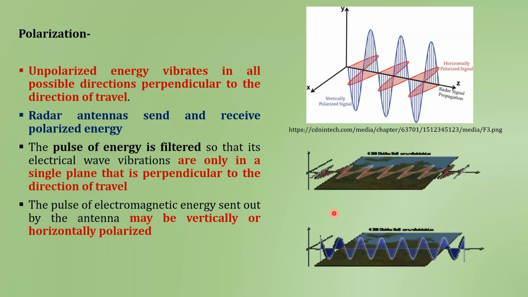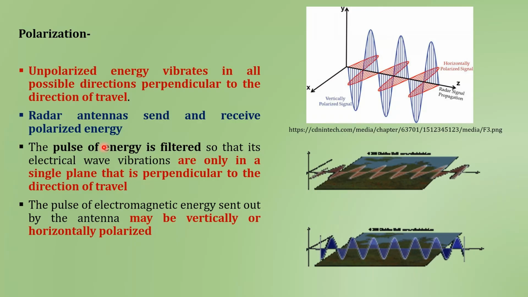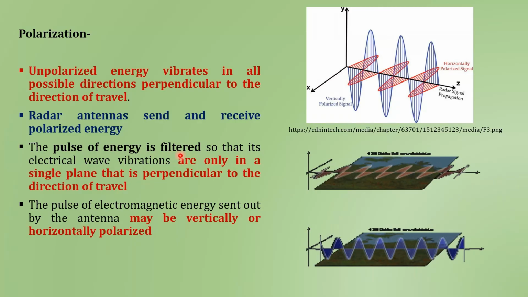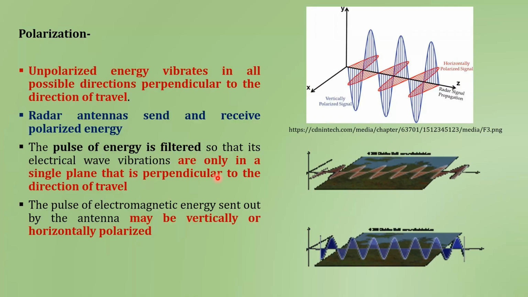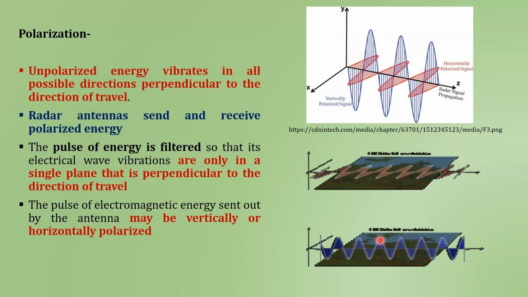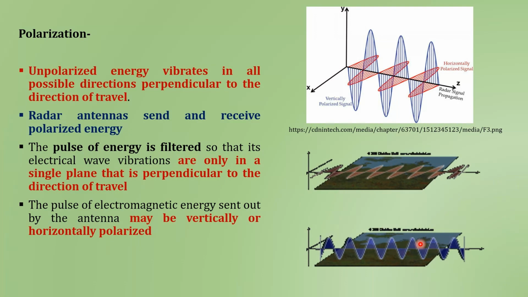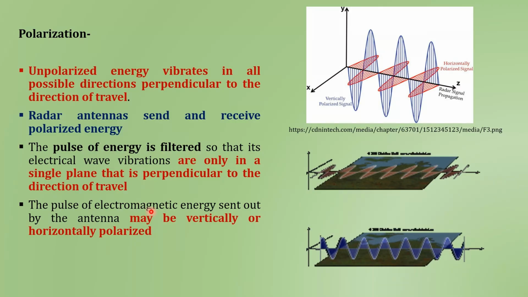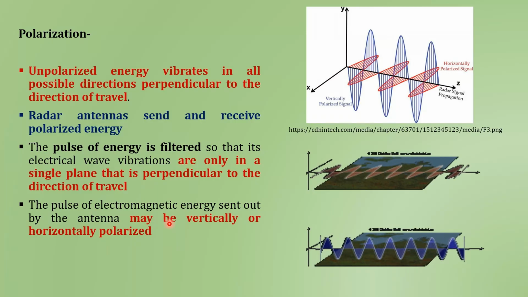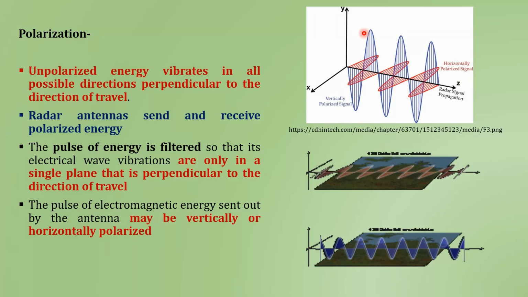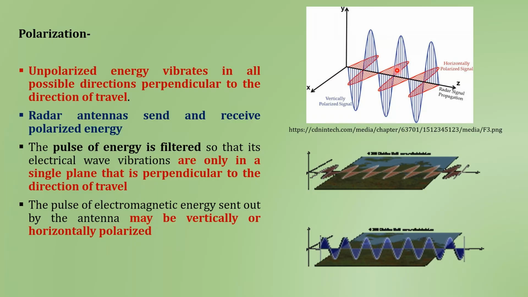In radio detection and ranging, the pulse of energy is filtered so that its electrical wave vibrations are only in a single plane that is perpendicular to the direction of travel, and the pulse of electromagnetic energy sent out by the antenna may be vertically or horizontally polarized.